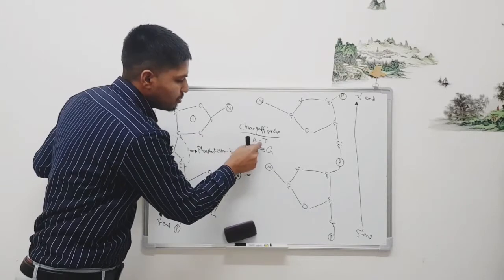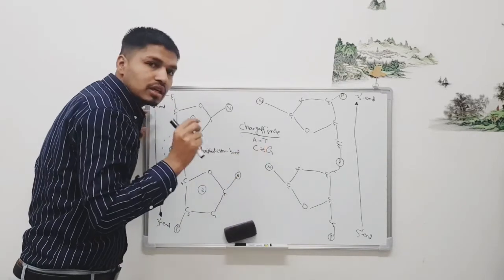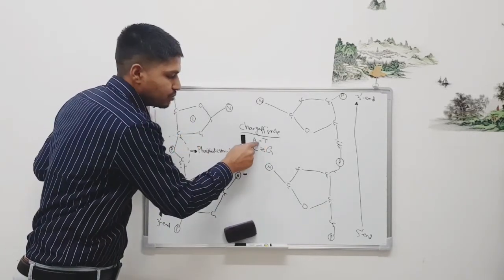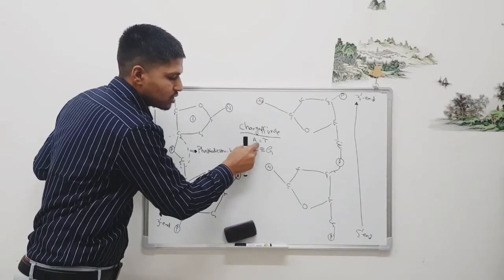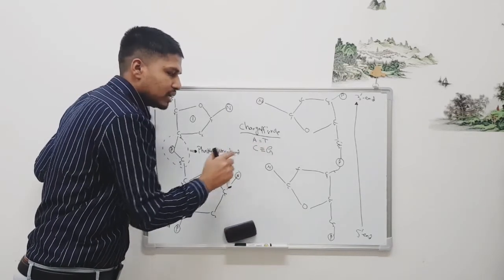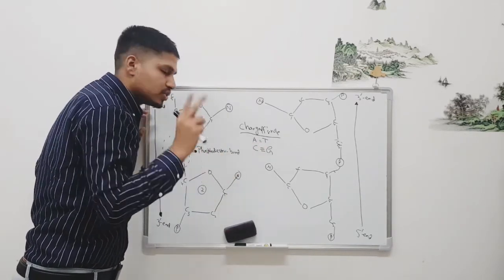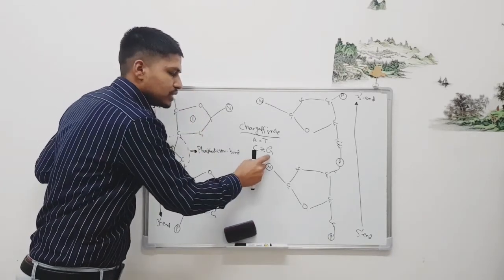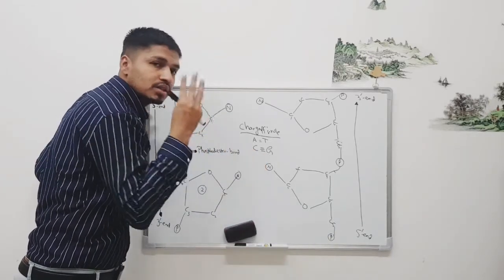Look at this. In between adenine and thymine, these are the hydrogen bonds. Between adenine and thymine the hydrogen bonds are 2, and between cytosine and guanine the hydrogen bonds are 3.